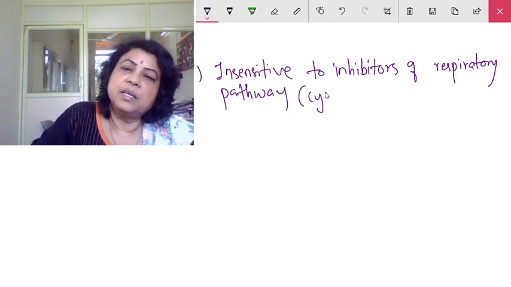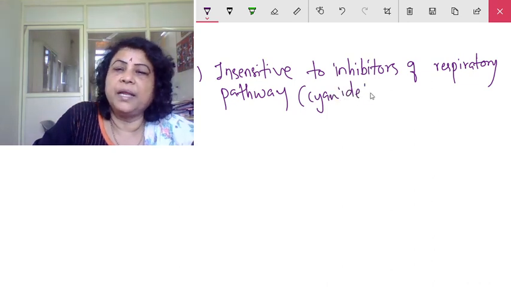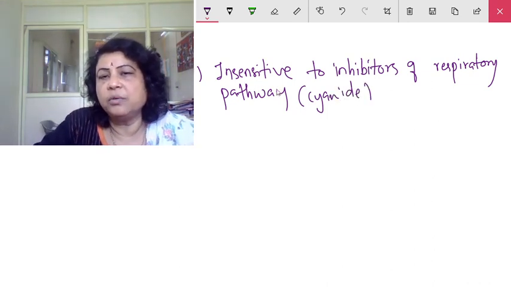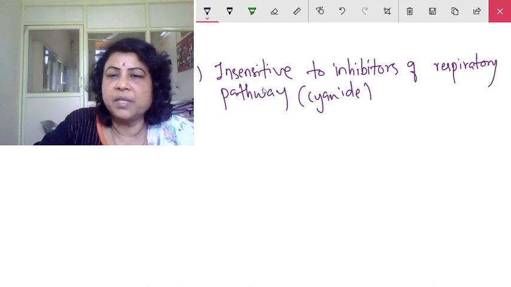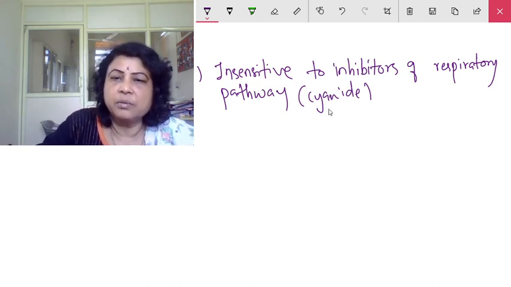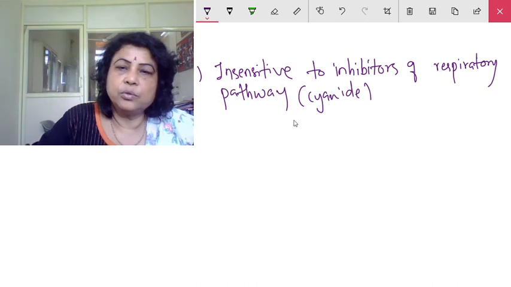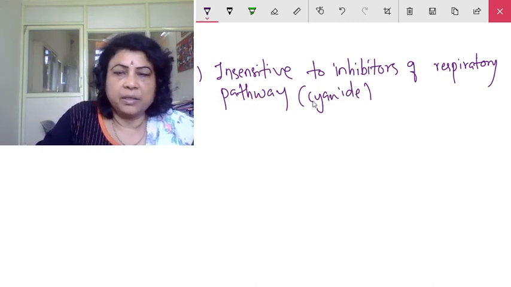That means if cyanide is applied, they are insensitive. There is no problem created on those petite mutants. Okay, that means they are insensitive to inhibitors of the respiratory pathway.